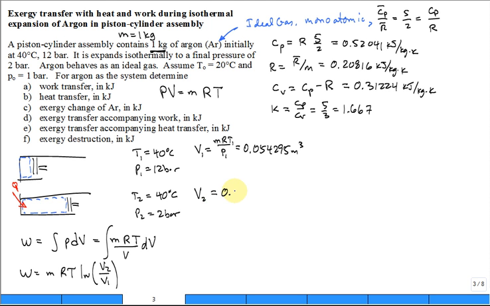It's 0.32577 meters cubed. Do those volume numbers look reasonable? Did it expand? It expanded.